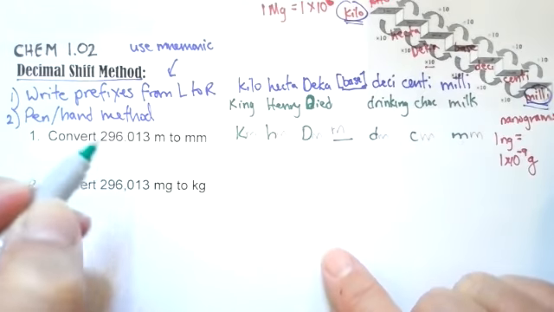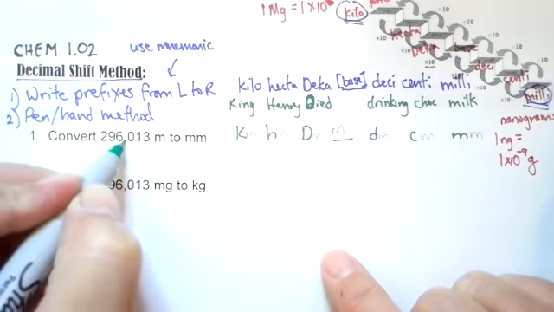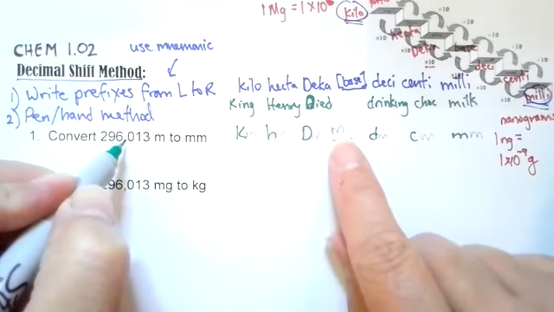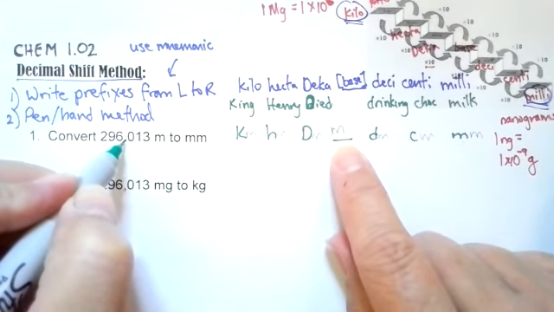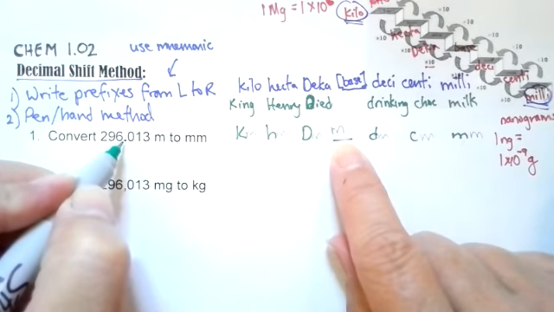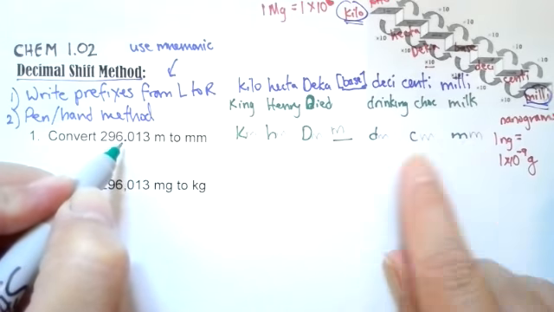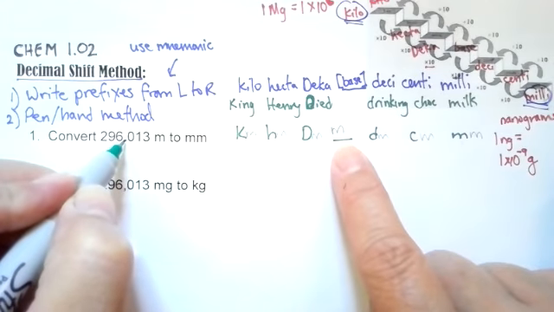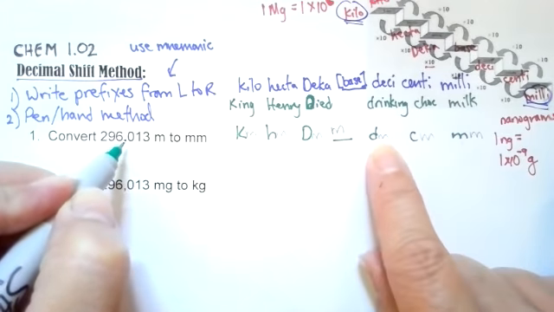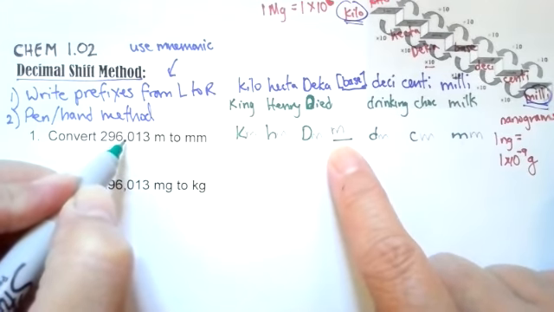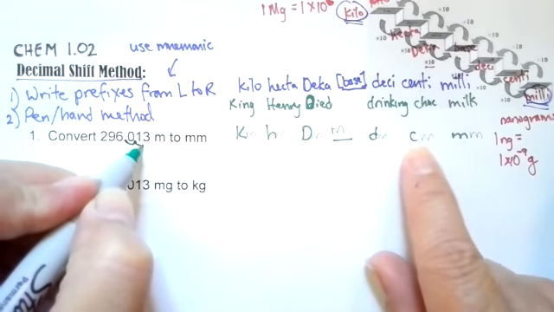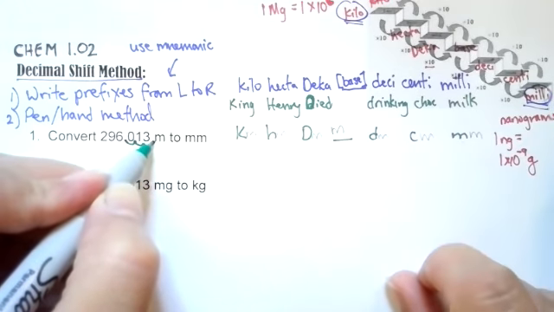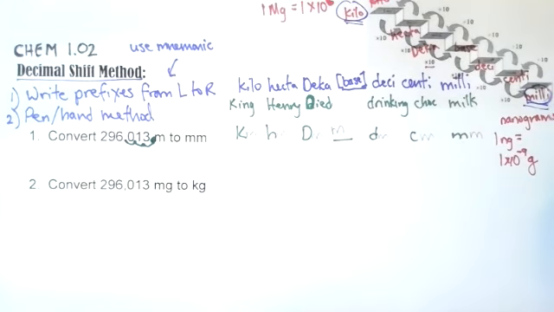So with this hand, I'm left-handed, I'm going to put my pen on my decimal. And on this hand, I'm going to put my pen where I'm starting from. So I'm starting at meters, and I'm going to millimeters. So every time I move my finger, if I go from here to here, I move my pen from here to here. So I go meter, decimeter, centimeter, millimeter. And I put my decimal into the new place.